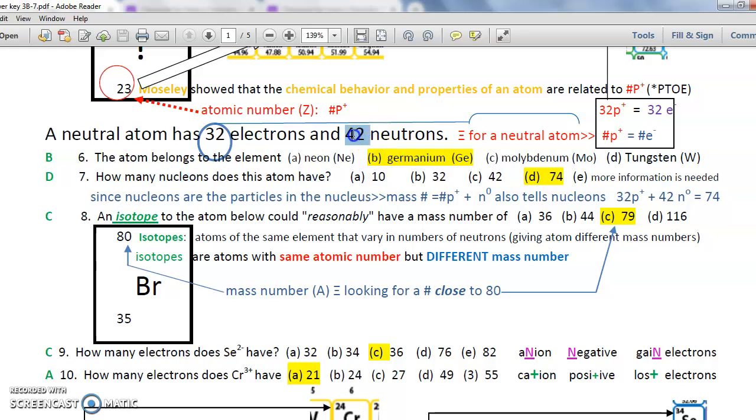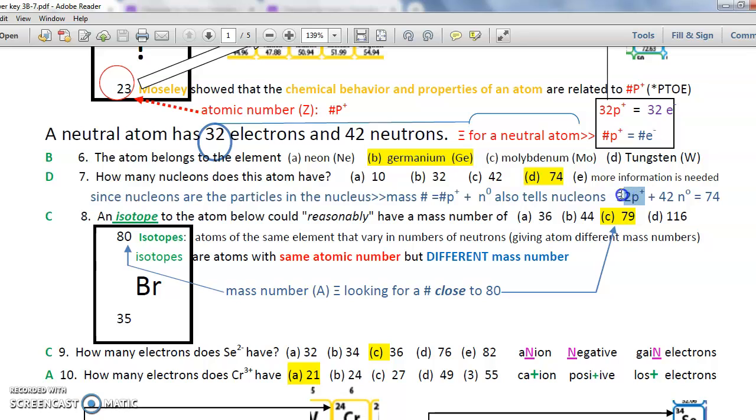Well, if it has 42 neutrons, and those are particles in the nucleus, and it has 32 protons, those are particles in the nucleus, the number of nucleons would equal 32 plus 42. Nucleons are particles in the nucleus. It's essentially the mass number, protons plus neutrons.